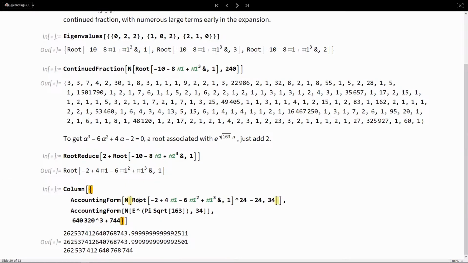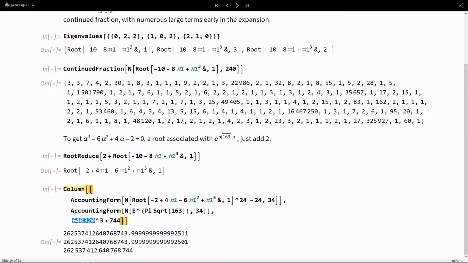And if you look at the root of the Brillhart cubic to the 24th power minus 24, you get these 30 digits here. And if you look at e to the pi square root of 163, you get these 30 digits, and they're identical.